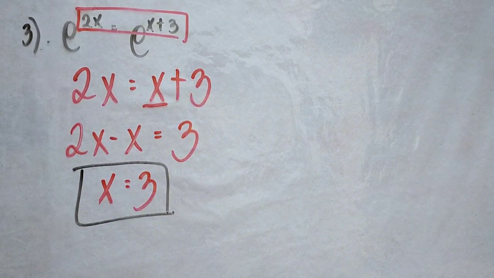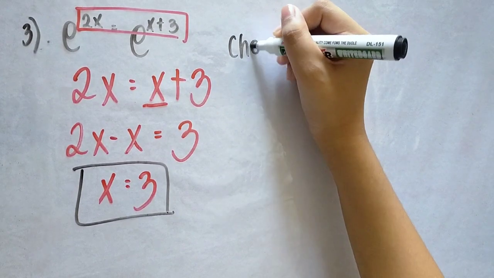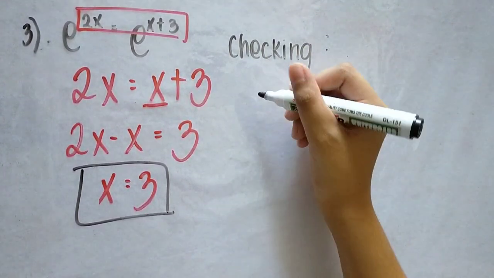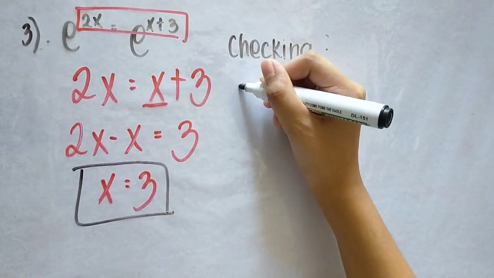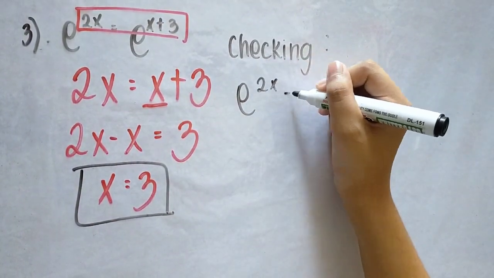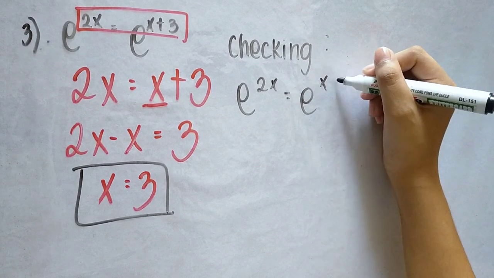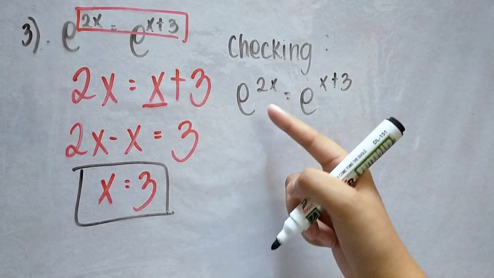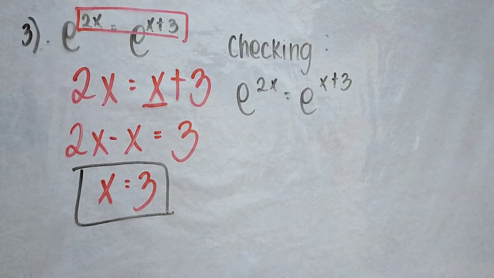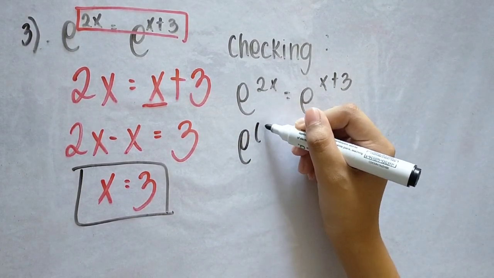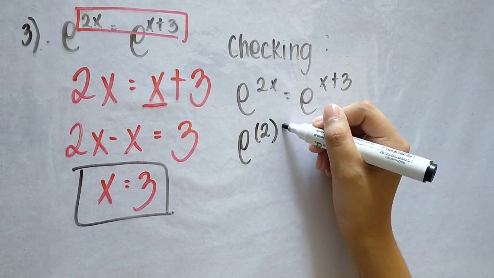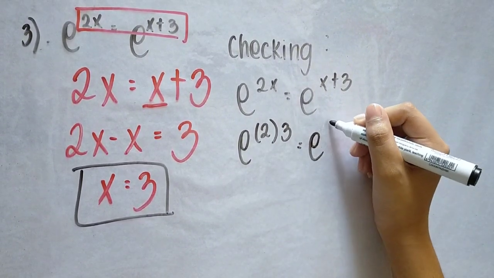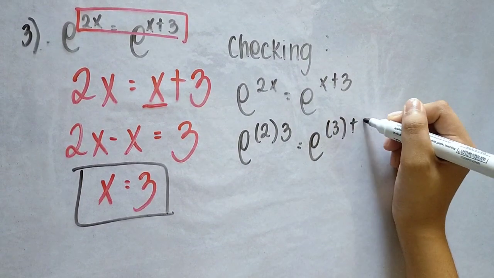Ngayon, move on naman tayo sa checking. Copy again. 2x is equals to e raised to x plus 3. Pag pinalitan natin ng 3, yung x, dapat same sila ng kakalabasan. E raised to 2 times 3 and e raised to 3 plus 3.